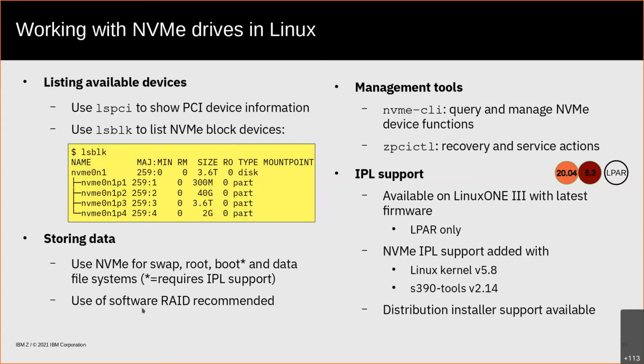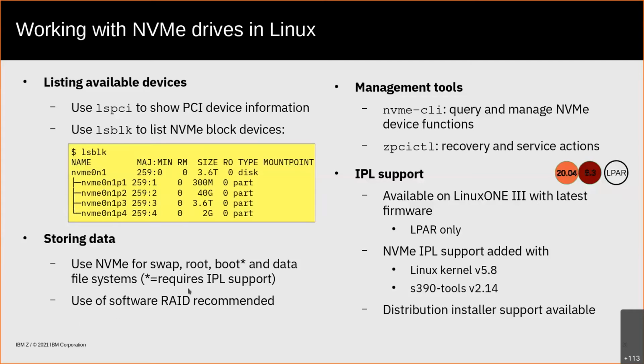Like I said, storing data is certainly an option here, so you could use it for swap, for instance. So that would give you very fast swap devices, and certainly improve your performance in Linux in case you are a little bit short on memory and have to swap.